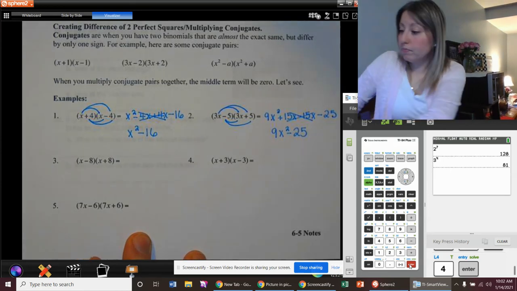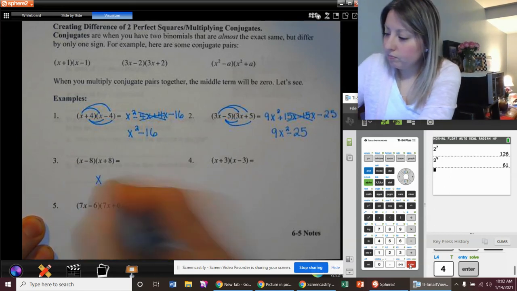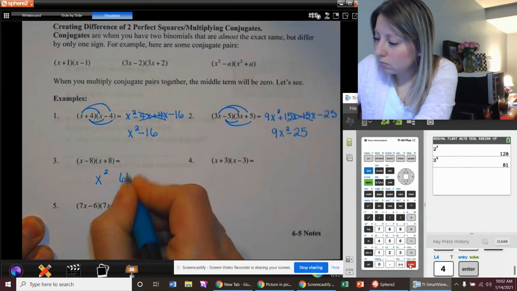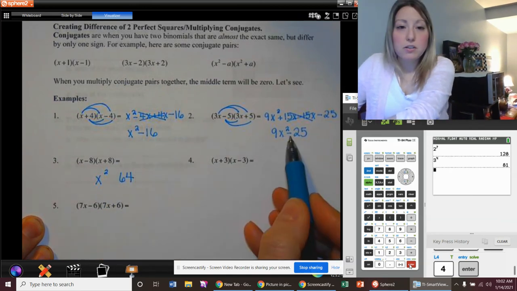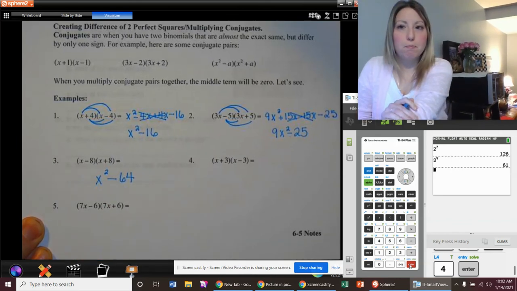All right, think about it. X times x is x squared. 8 times 8 is 64. What is going to be the sign between them? Well, because they're different signs here, it's going to be a minus 64. There you go, because we know the middle is going to cancel out.